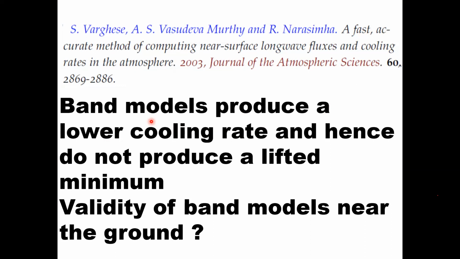And when he ran that model, it could not produce a large cooling, and hence did not produce a very strong lifted minimum. Now the question was, why did the band model not produce that? The reason was these band models were developed for climate models being used today to look at the Earth's global warming.